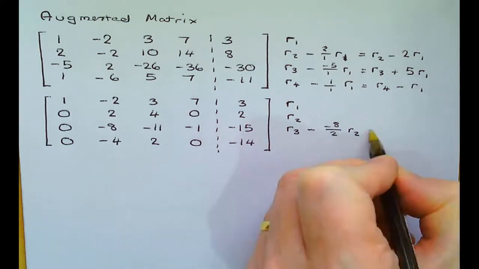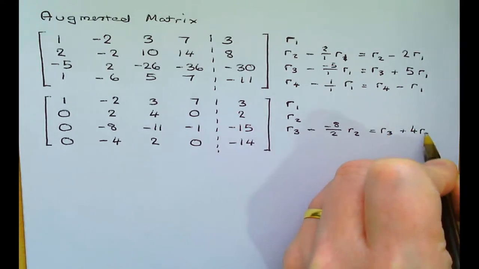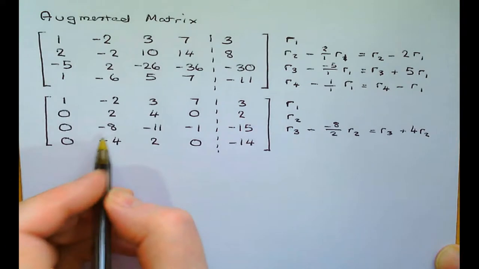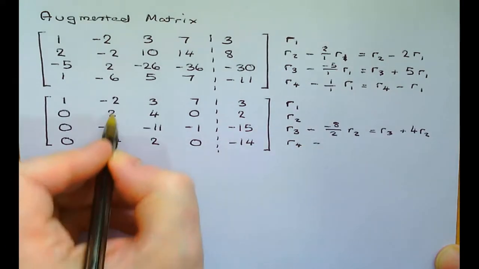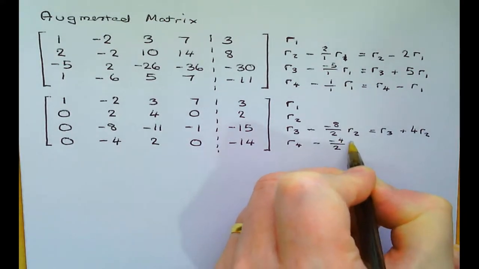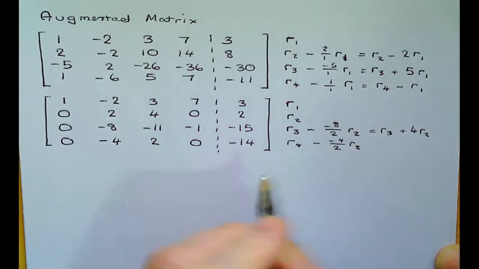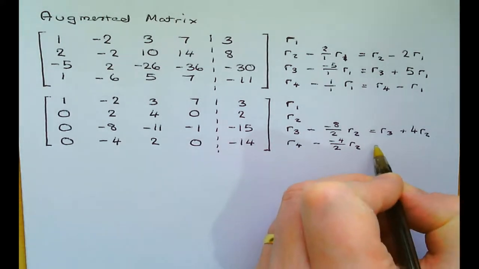That is row 3 plus 4 row 2. We'll have row 4 minus 4 over 2 times row 2. That is row 4 plus 2 row 2.